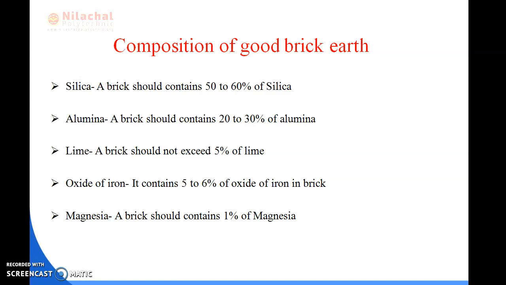Lime should not exceed 5%, oxide of iron is only 5 to 6%, and magnesia is only 1%. I have told you what the brick's color will be and when the bricks will shrink or bend during burning or drying if these constituents are in excess or in less amount. I have told you all this in the previous slide.